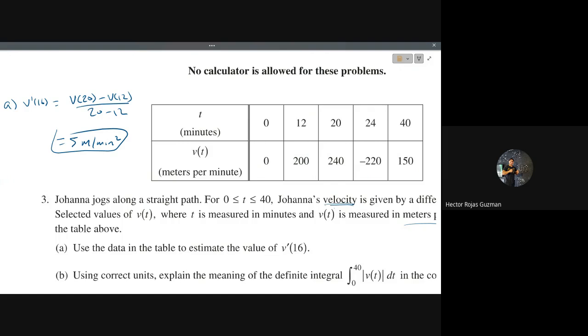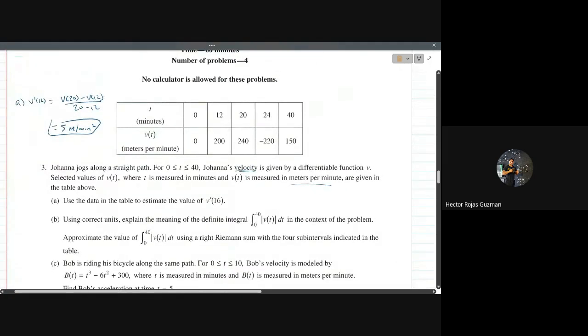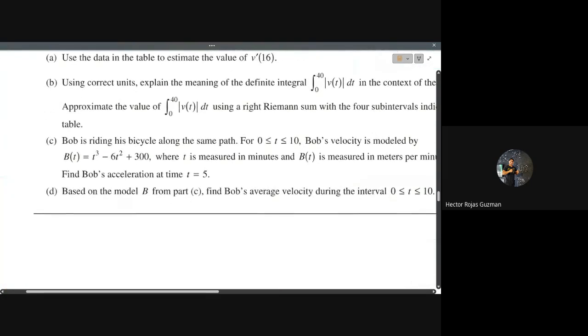Okay. 1 point. It's not much, but every point counts. B, using the correct units, explain the meaning of that integral, and then approximate it using the right Riemann sum. So, what's the meaning of the integral?